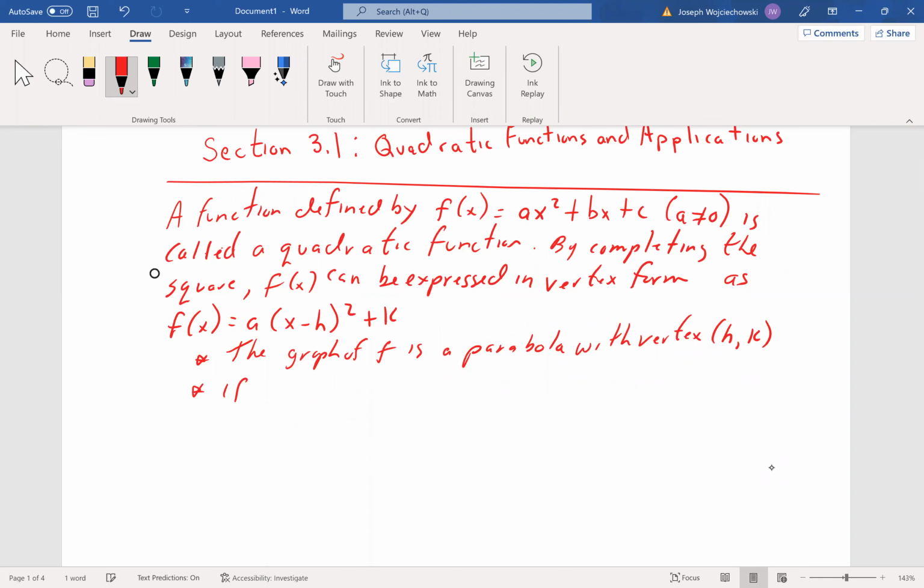Next up, if a is greater than 0, the parabola opens up or upward, and the vertex is the minimum point.